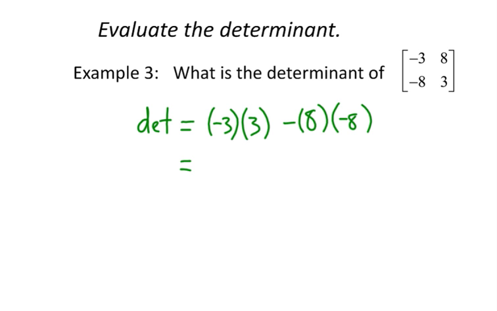So it's equal to negative 9 plus 64. So the determinant is equal to 55. 64 minus 9.